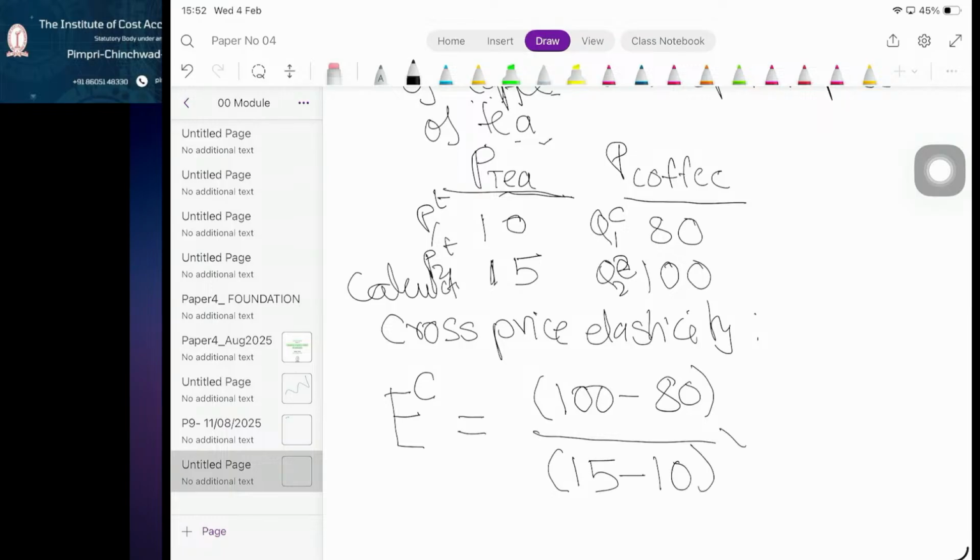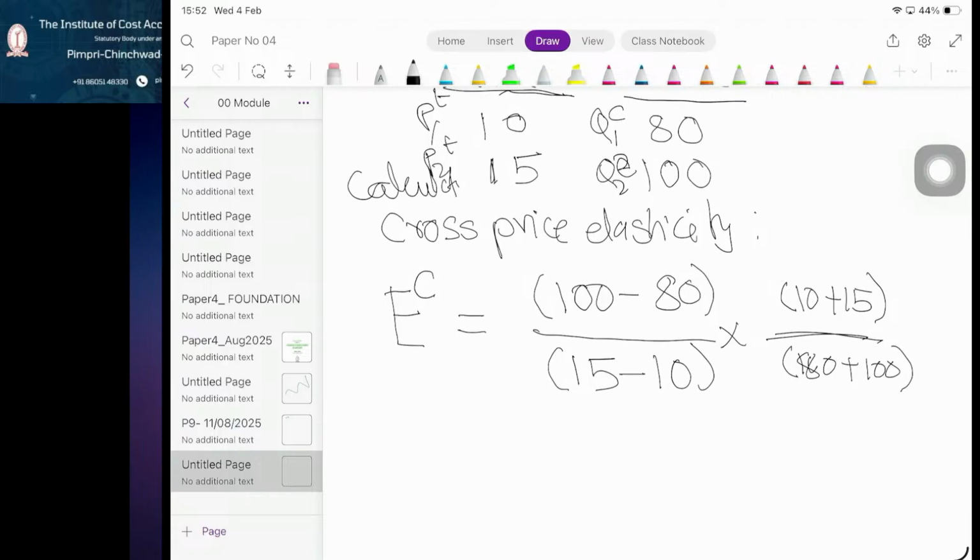Okay, use the midpoint formula and complete this calculation. Modify the midpoint formula here. Okay, so P1 plus P2 would be 10 plus 15, and Q1 plus Q2 will be 80 plus 100. Okay, so what does this come to?